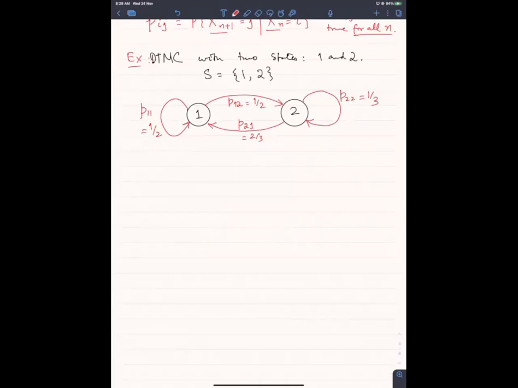The matrix is going to be P11, which is 1/2, and P12, which is also 1/2. This is 2/3. This is 1/3. This is our probability transition matrix.